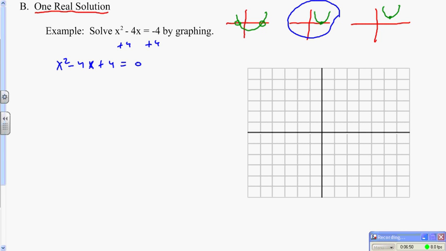Okay, now when it is in this form again, we can find out what a, b, and c are. Again, we know right away that it will open up because a is 1, it's positive. b is -4, and c is 4, which means we also know the y-intercept.